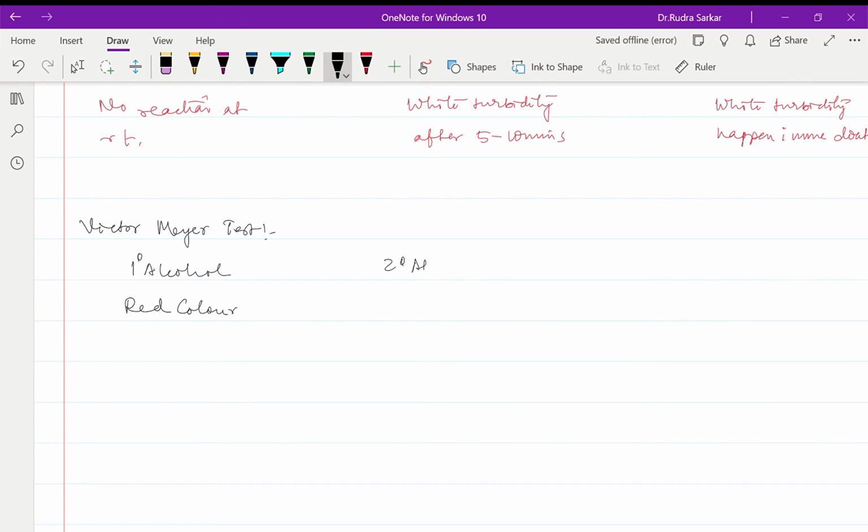If you have 2 degree alcohol, it will be blue color. Sometimes only color is asked. Okay. If you have 3 degree alcohol, no reaction. Okay. This is what it is.